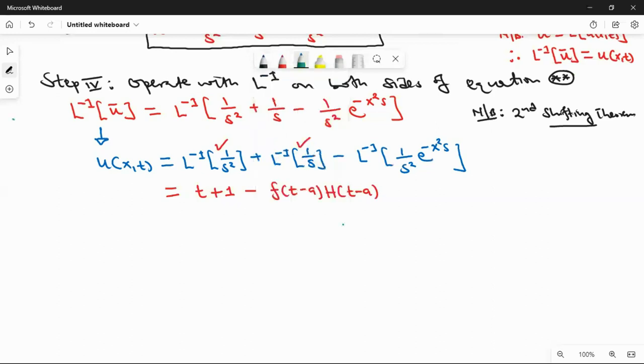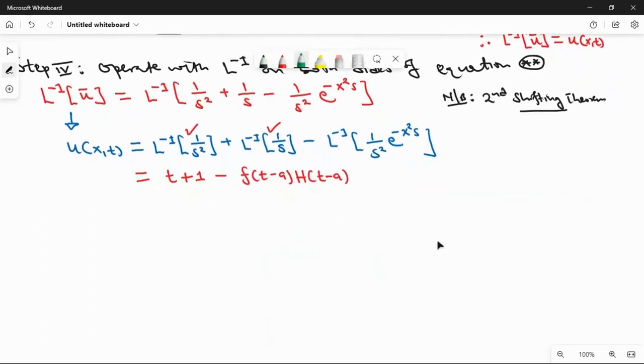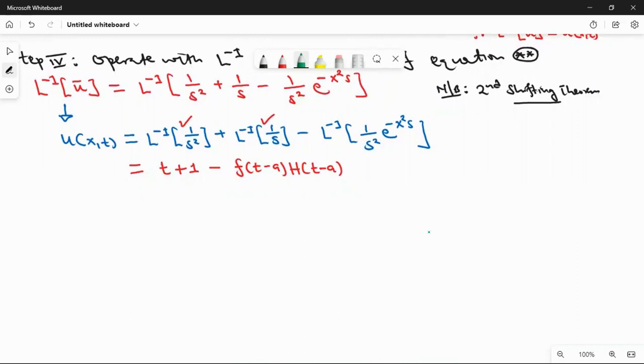It states that if the Laplace transform of f of t is equal to F of s, then the Laplace transform of f of t minus a times h of t minus a should be equal to F of s times exponential negative a times s.